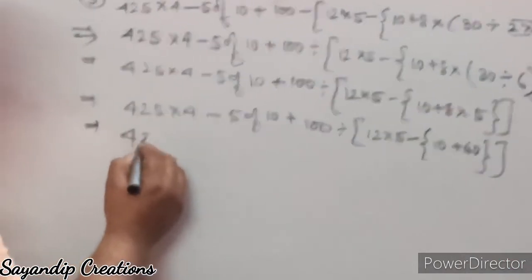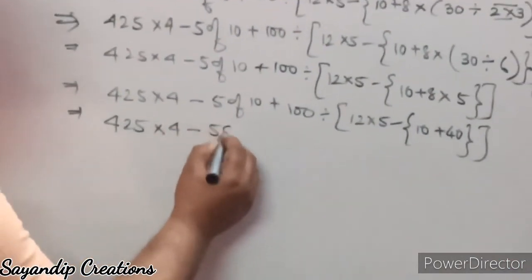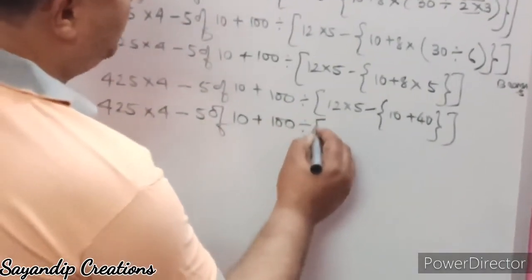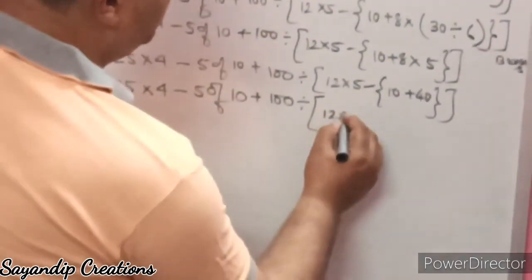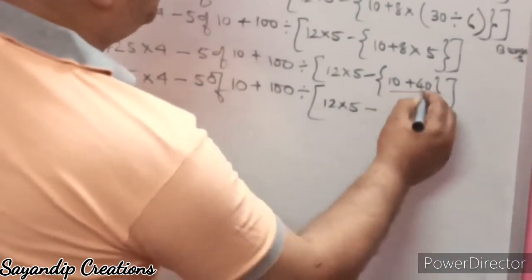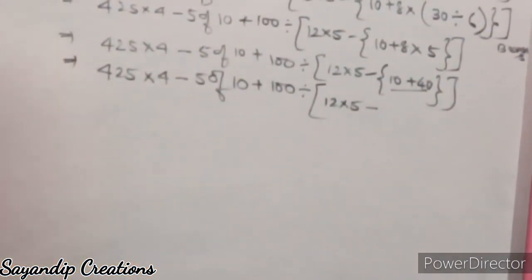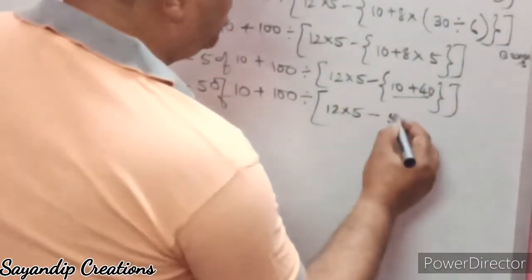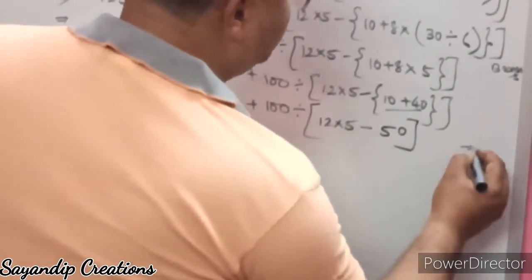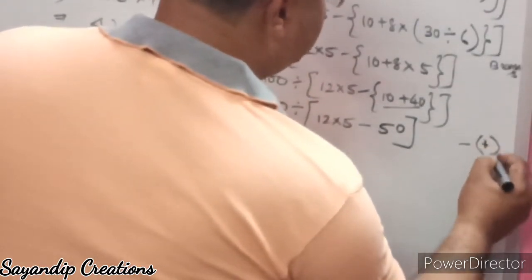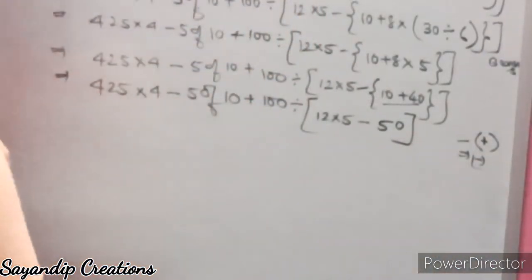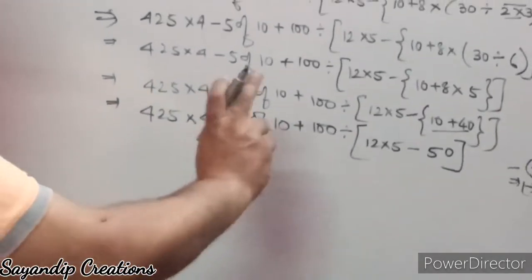Next, 10 plus 40, that is 50. Now when I take it out of the bracket, it will become minus 50. My dear students, when plus is inside and minus is outside, when it is taken out, it becomes minus. Every step you should follow.